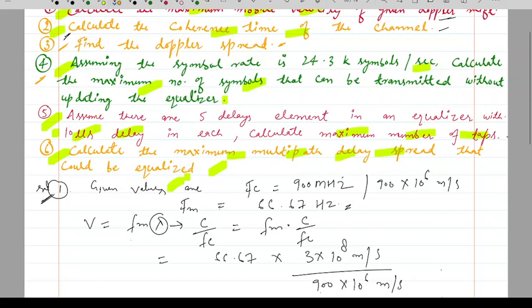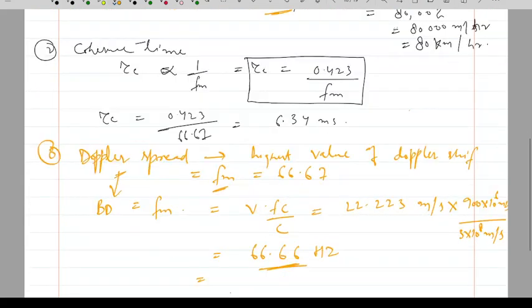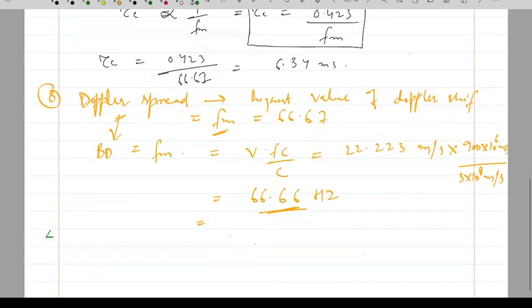So in the fourth part, let's move to the next page. Here in the fourth part, the given symbol rate is 24.3 k symbols per second.